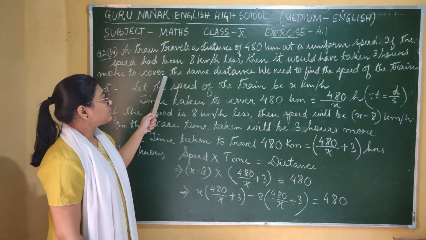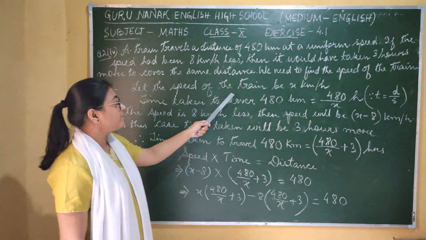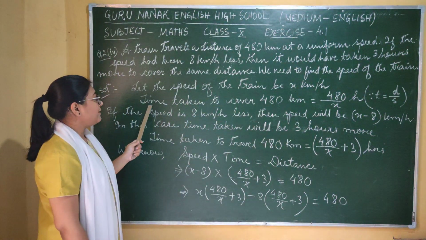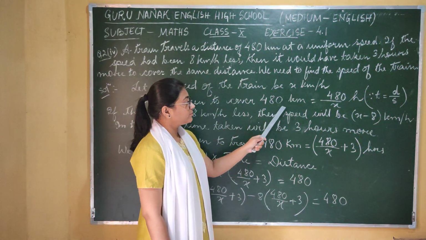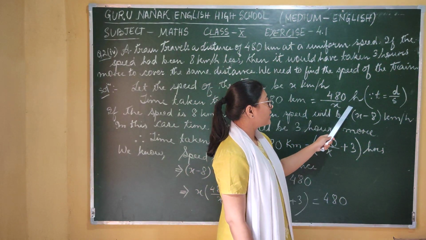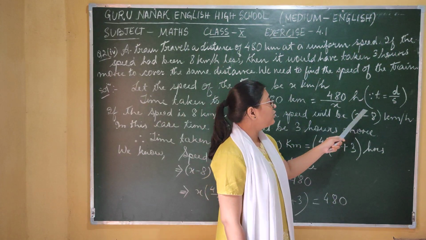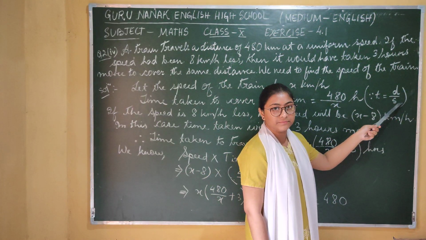So since the speed of the train is not given, we will consider, let the speed of the train be x km per hour. Now the time taken to cover 480 km equals 480 by x hour. Now how is this 480 by x? See, we know time is equal to distance by speed.